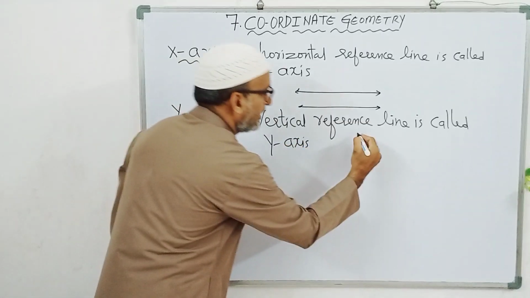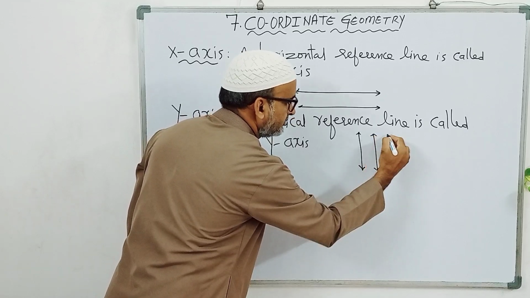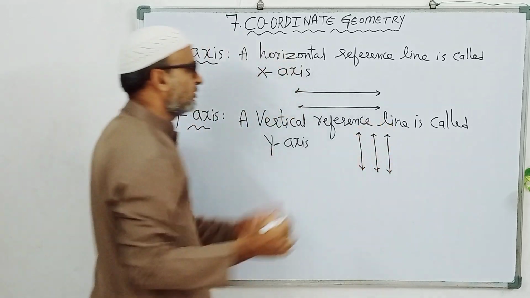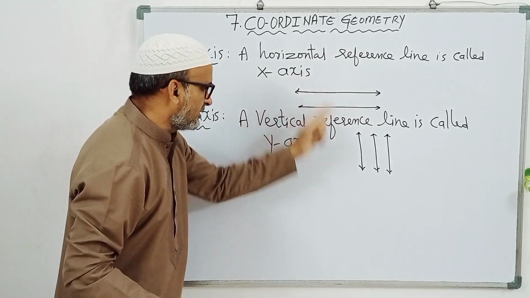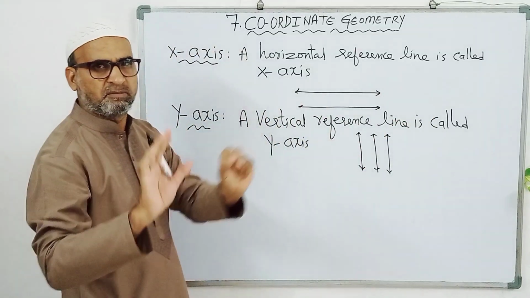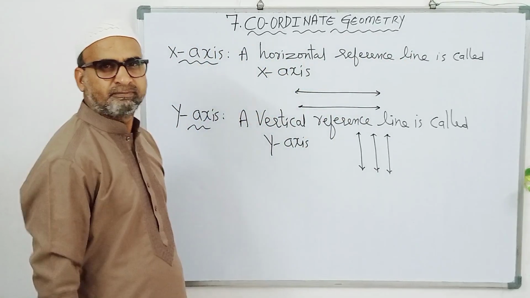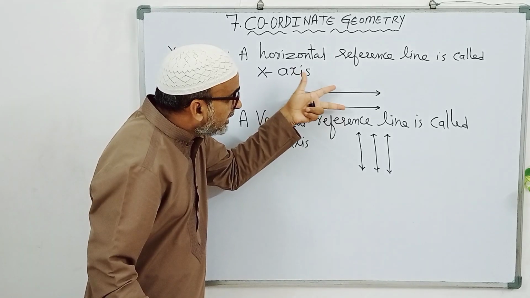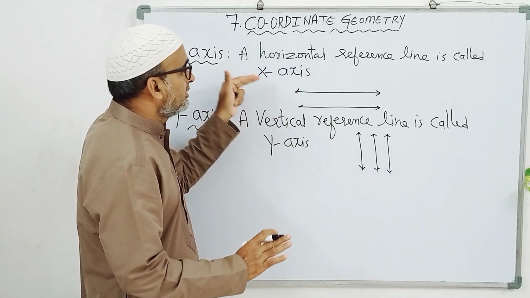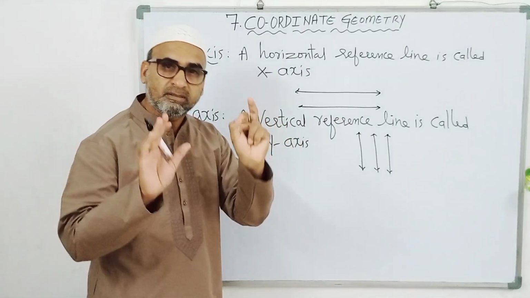Vertical means these type of lines, this is called y-axis. Sir, vertical means like this, reference means what? Nothing. A vertical line is called y-axis, simply like that only. A horizontal line is called x-axis. Reference means what is the type, how it is, means this type of lines are known as x-axis, this type of lines are known as y-axis.